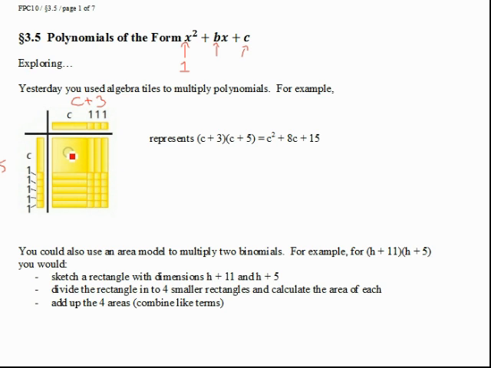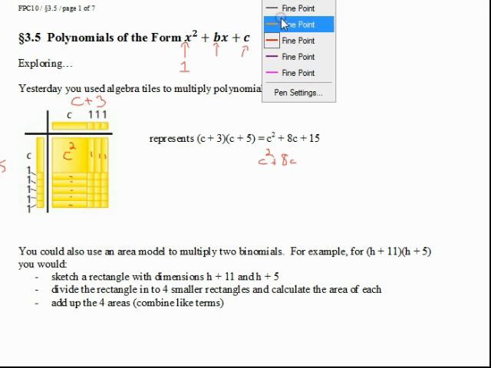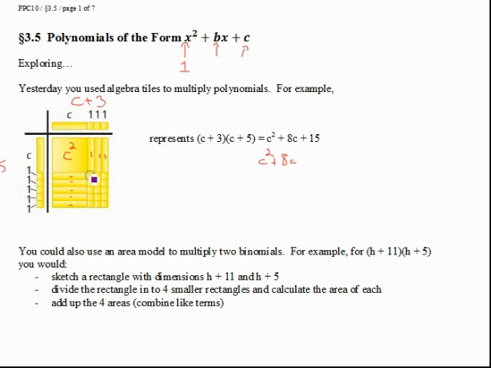So we have c squared, and 1, 2, 3, 4, 5, 6, 7, 8 c. That's where the 8c comes from. And we have 15 ones. So that's how the algebra tiles work.